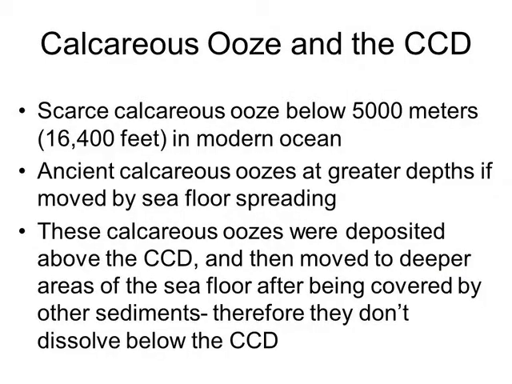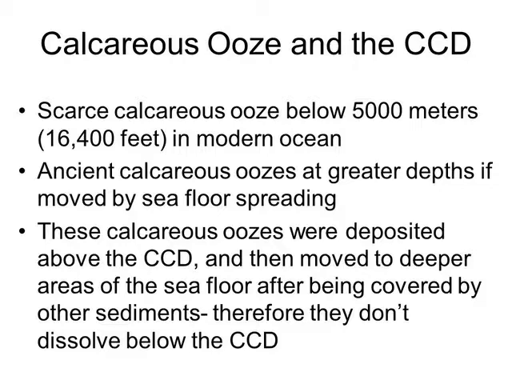All right, so below 5,000 meters in the ocean, calcium carbonate is scarce, and you typically will not find calcium carbonate unless it has a cap over it, which we'll talk about later.